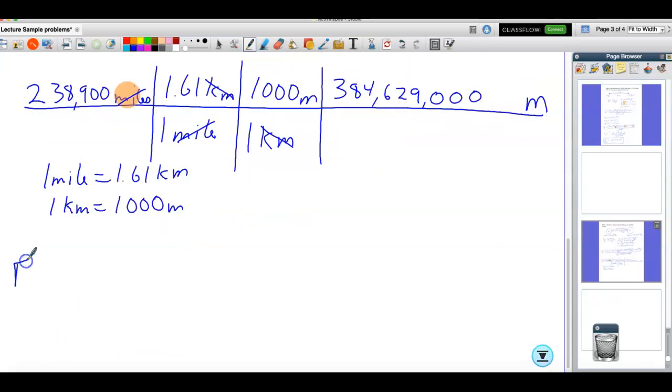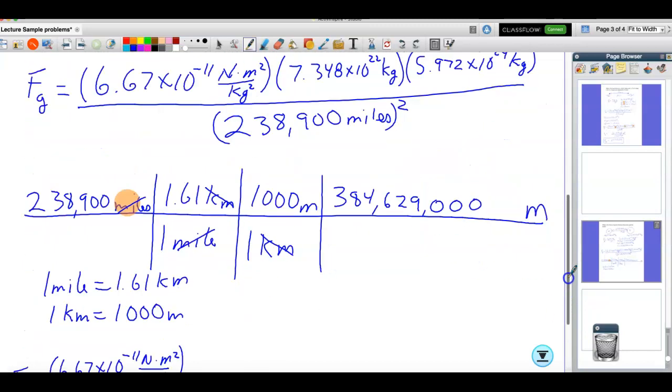So the force of gravity equals G, remember, 6.67 times 10 to the negative 11th newton times meter squared over kilogram squared, times, which one do we have above? We had mass of the moon first.